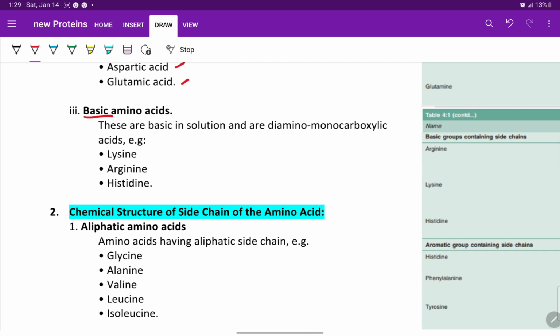The next is your basic amino acids. The basic amino acids are lysine, arginine, and histidine. These are basic because they are diamino monocarboxylic acids: here two amine groups are there and a single carboxylic group.